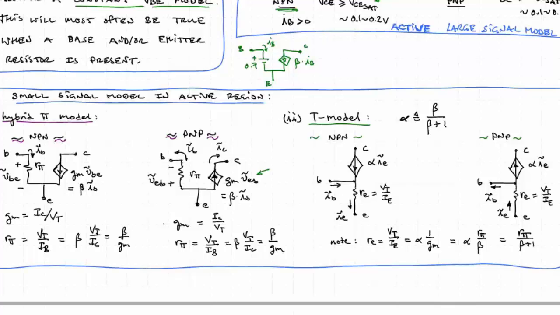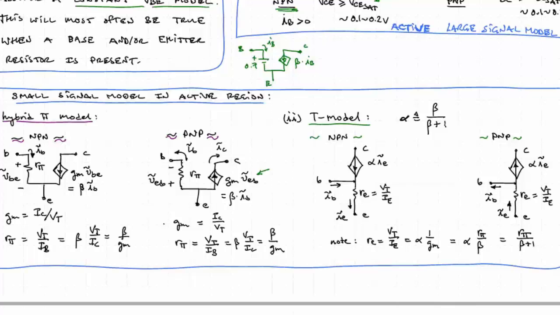That ratio comes up often enough in these circuits that another symbol is defined for it. It's alpha. And for substantially large betas, let's say a beta of 100, alpha approaches 1. So for a beta of 100, we'd have 100 over 101, which is 0.99 or so.